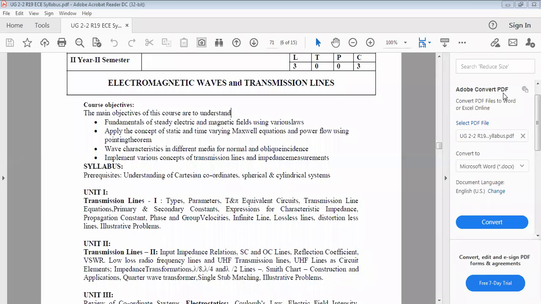Primary constants are always R, L, G, C: resistance, capacitance, inductance, and conductance, whereas secondary constants are always constituted from primary constants. What it means is that secondary constants are built up with primary constants alone.